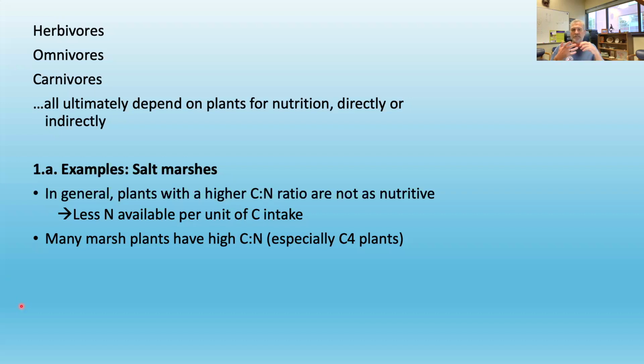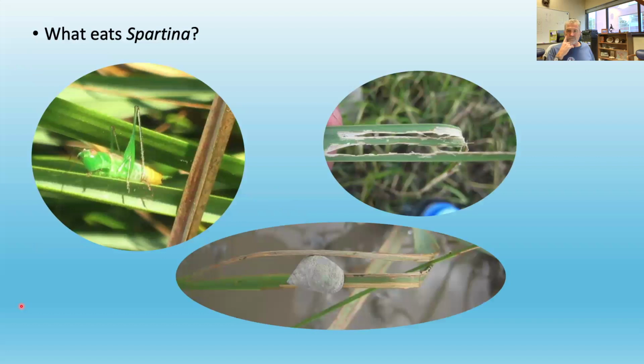So, for instance, in C4 plants, a C4 plant is one that uses a specific type of photosynthesis called C4 photosynthesis. And so, in this instance, the first stable carbon compound that's produced during that process contains four carbon atoms. Okay. And so these plants tend to have a relatively high carbon to nitrogen level. And this is true of many marsh plants.